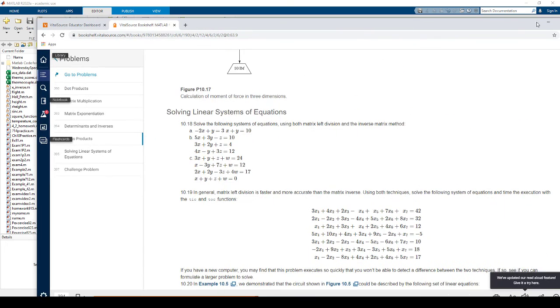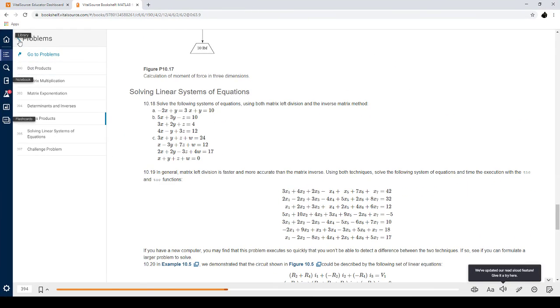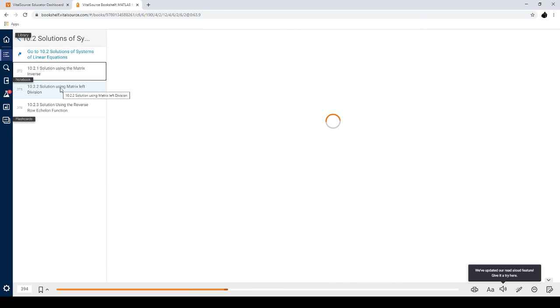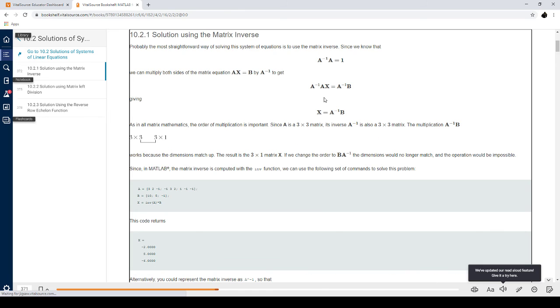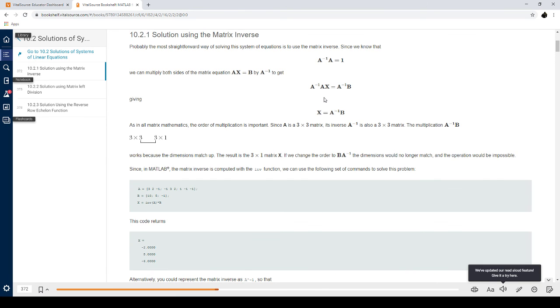So if you go back up here, I'll pull this back up as well. So it's solution using the matrix inverse. If you remember, we talked about this one.